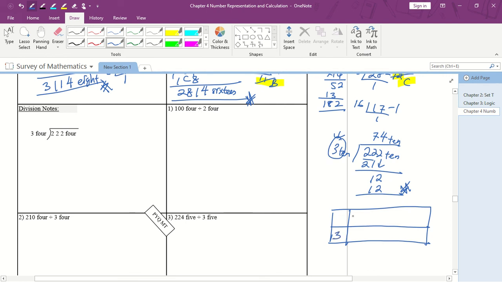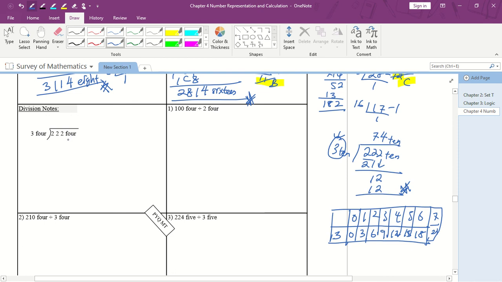So 3 times 0, times 1, times 2, times 3, times 4, times 5, times 6, times 7, until wherever depends on how far we're going to do it. For example, 0 times 3 is 0, 1 times 3 is 3, 6, 9, 12, 15, 18, 21. That's why we need to always do this table when we do other bases. The reason we are not doing it for base 10 is because we're familiar with it already, but for other bases we are not.